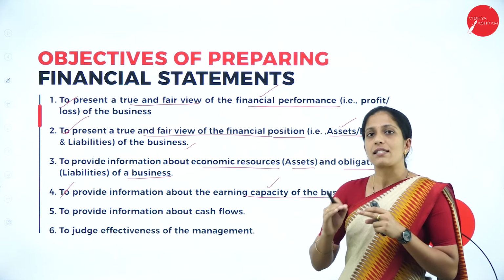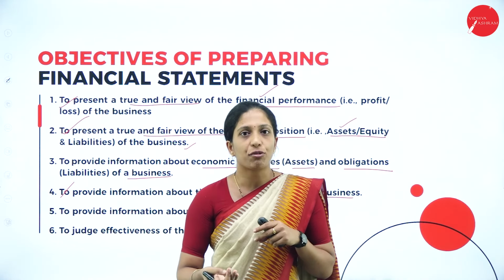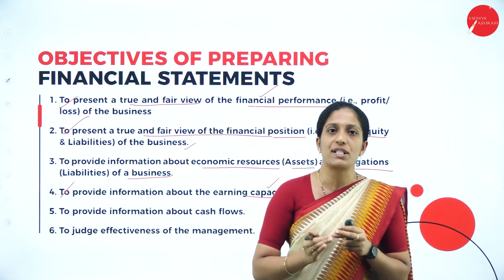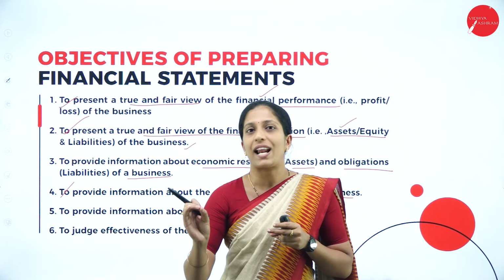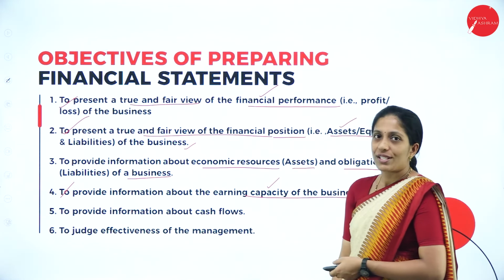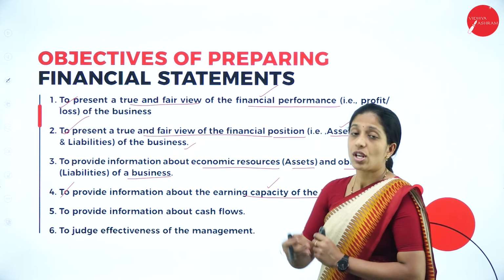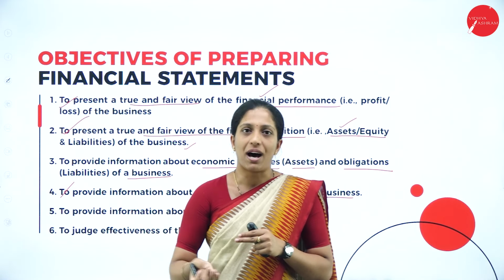Whether our business is profitable or not, and what changes we have to make in order to improve our business. Such decisions can be taken only if our financial statement provides us true as well as fair results. So the fourth objective is to provide information about the earning capacity of the business, that is, how our business is actually running in the market.